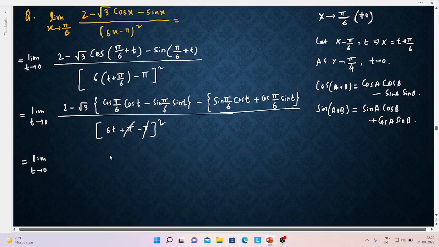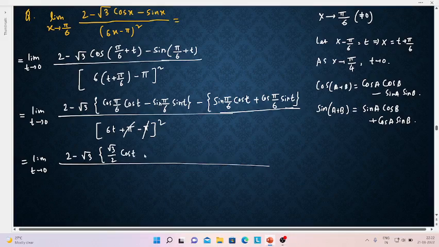On the numerator what we will have is 2 minus root 3 times, can you please tell me the value of cos pi by 6? The value of cos pi by 6 is nothing but root 3 over 2, right, and cos t will be there, minus, can you tell me the value of sin pi by 6?